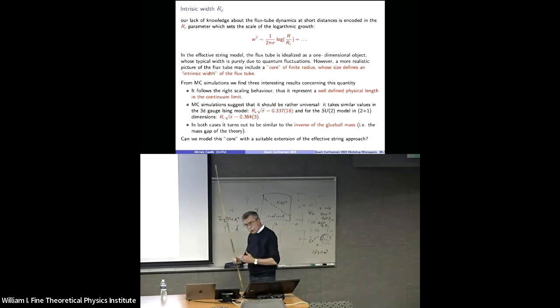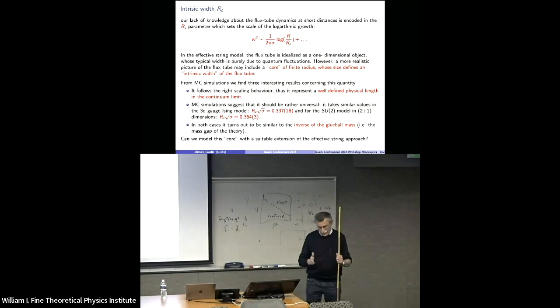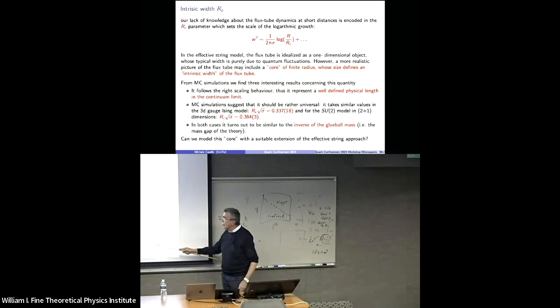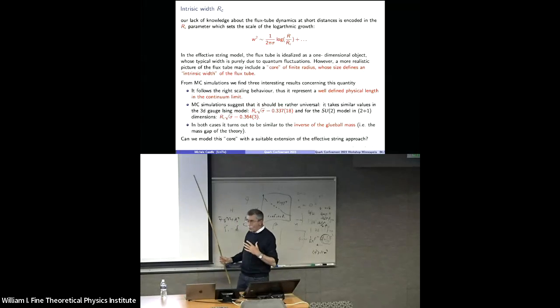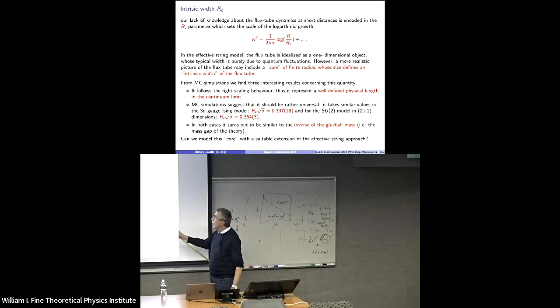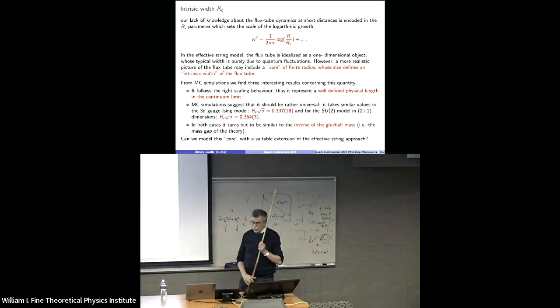And it is a pretty universal scale. It takes more or less the same value in any lattice gauge theory in which this measurement has been performed. And its value is very similar, essentially exactly equivalent, to the inverse of the global mass. So in some way, and I don't know how, there is a connection between the global mass and this scale that we find in this law.